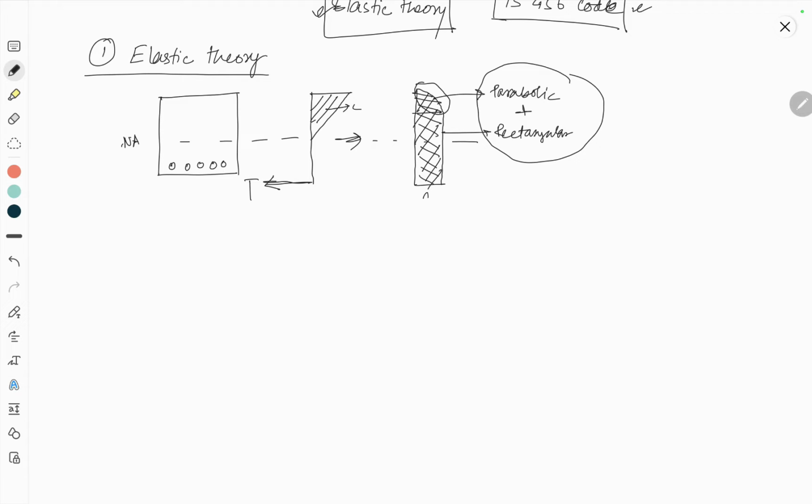This is the minimum value, I write here, minimum value in compression zone, maximum value in tension, throughout the section except the maximum compression zone.